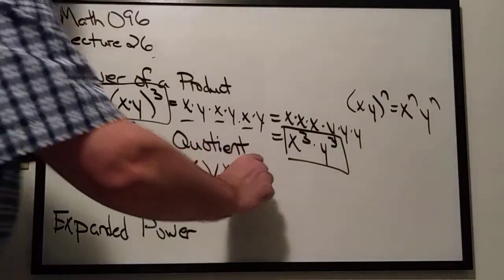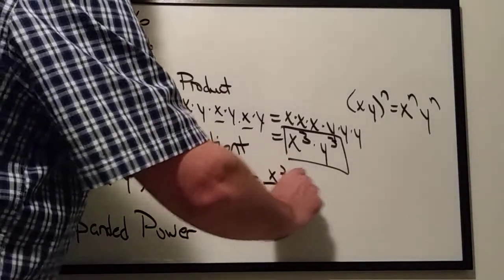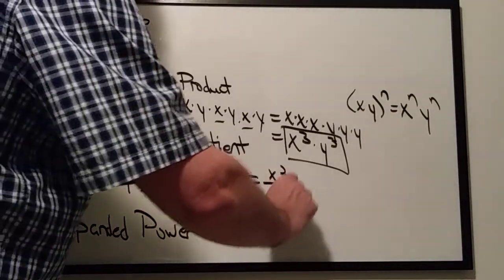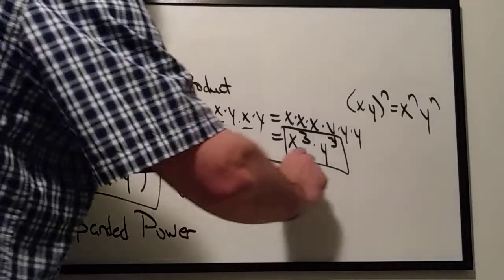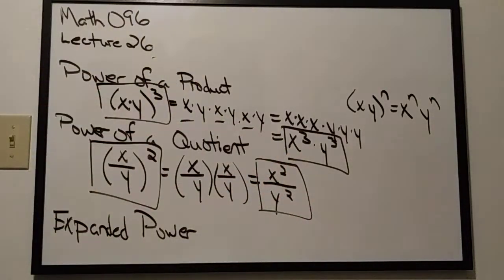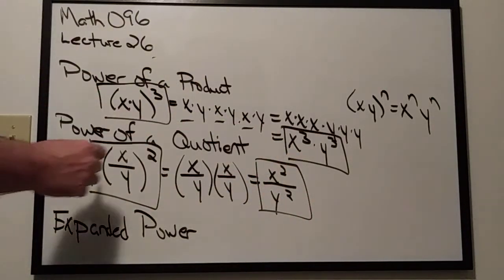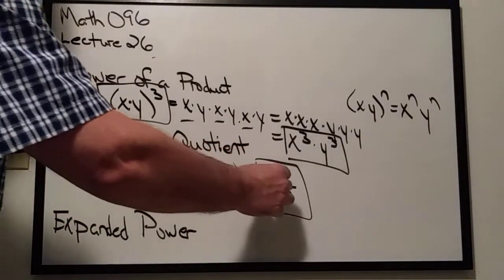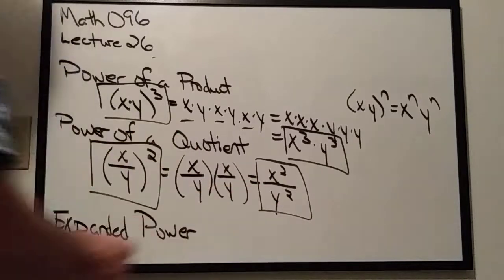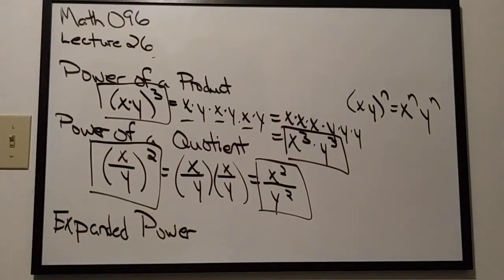Well, that's x times x, that's x squared, over y times y, that's y squared. So when you look at the original problem and you look at where we ended, what's happening here is that we have x over y to the second power becomes x squared over y squared. So both the x and the y got their own copy of that power of 2.